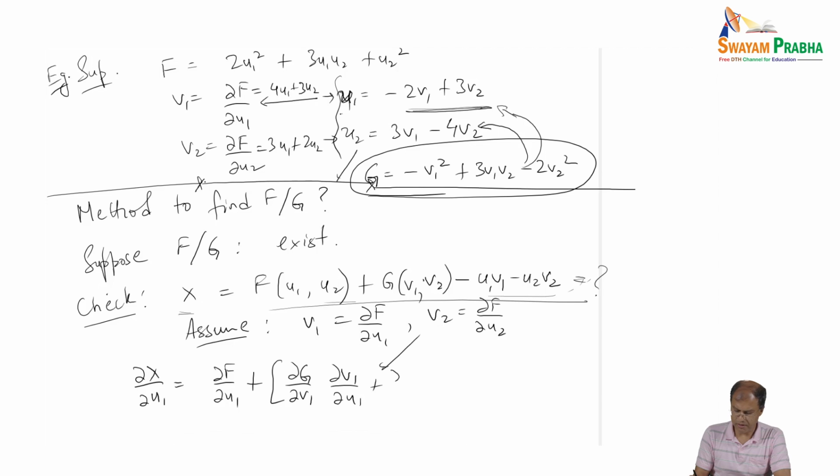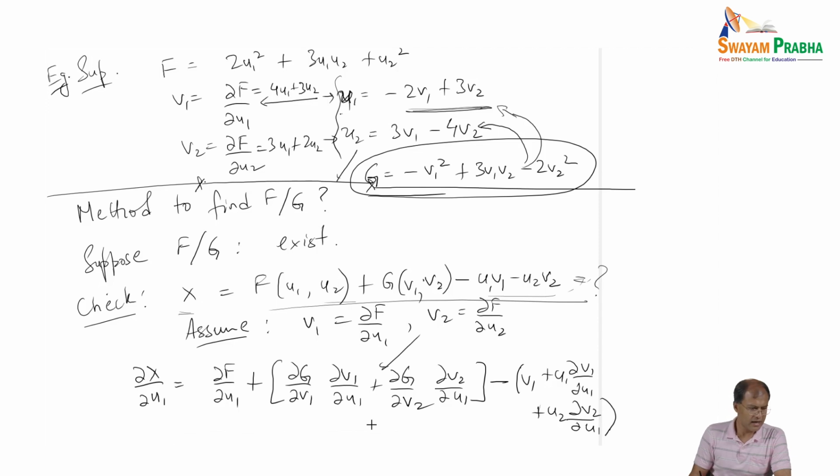And then plus partial g with respect to v2 times partial v2 partial u1, minus whatever is remaining: v1 with u1 is gone, plus u1 partial v1 partial u1, and plus u2 partial v2 partial u1, right?